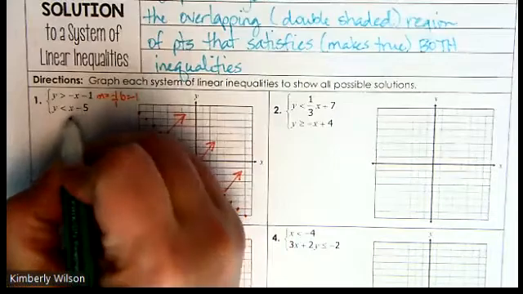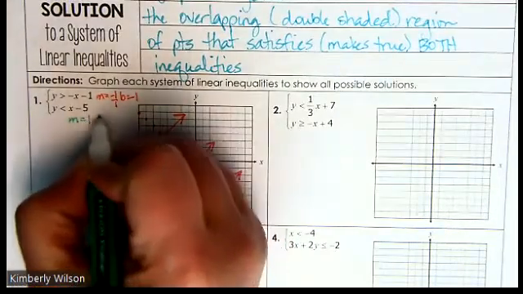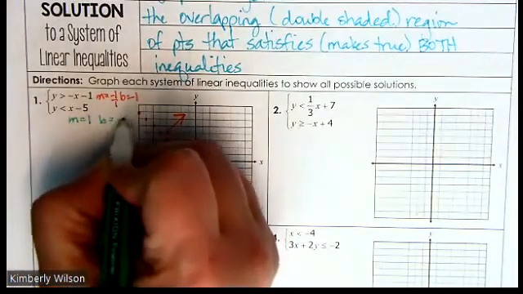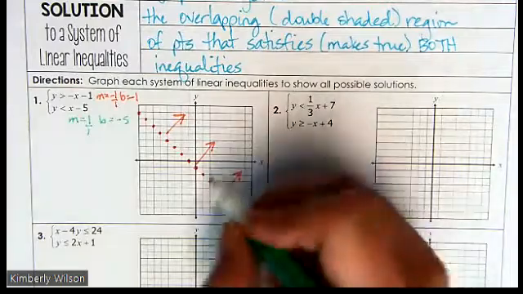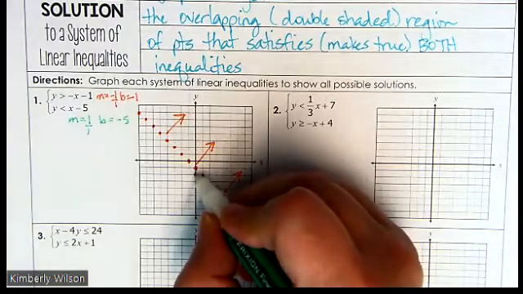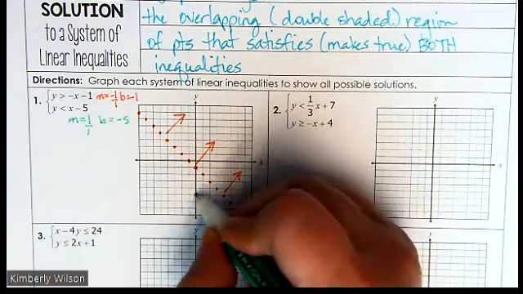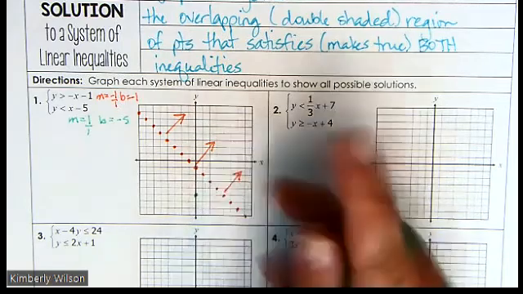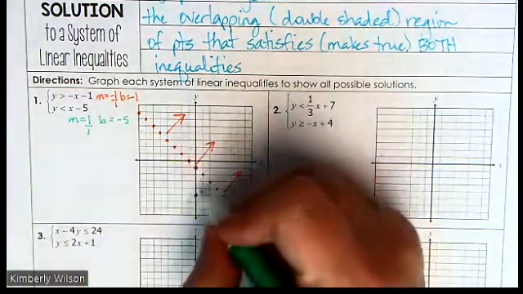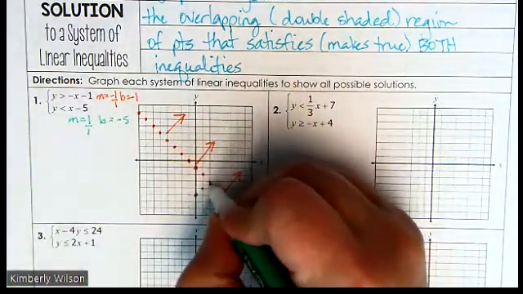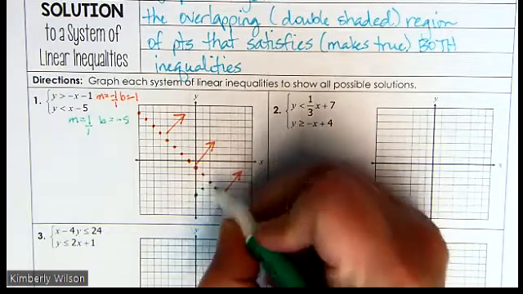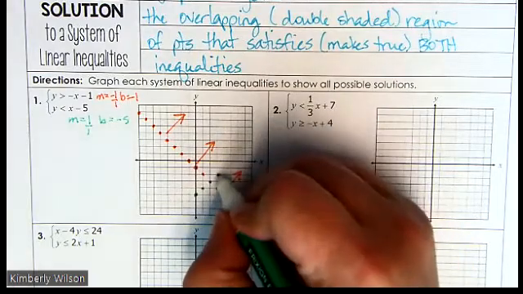For this one, my slope is 1. My y-intercept is -5. So I start at -5, 1, 2, 3, 4, 5. This is a positive slope, so it's going to go in this direction, and it's 1 over 1. So there's the actual intersection point right there.